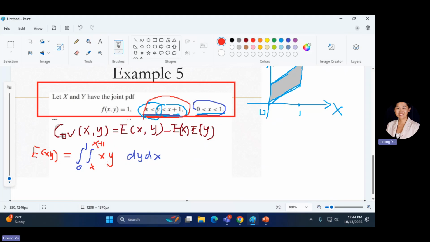We should do x times y, because I'm calculating the expectation of x. I should use capital X in the equation. It is multiplied by the density. The density is 1, so that means we don't have to do anything there. So that will be the first calculation.